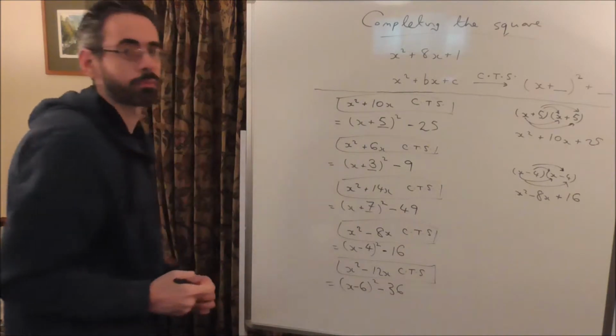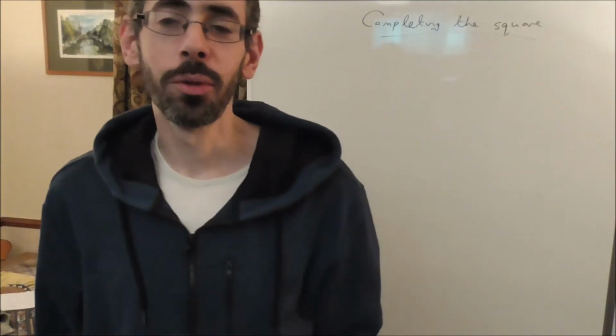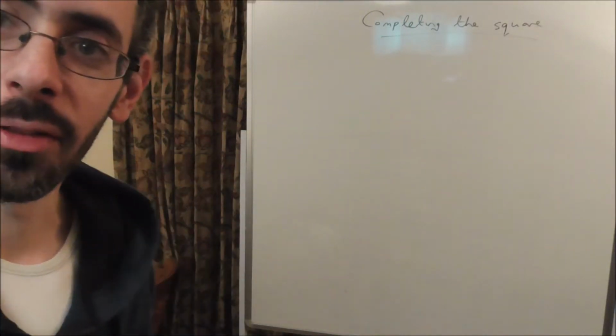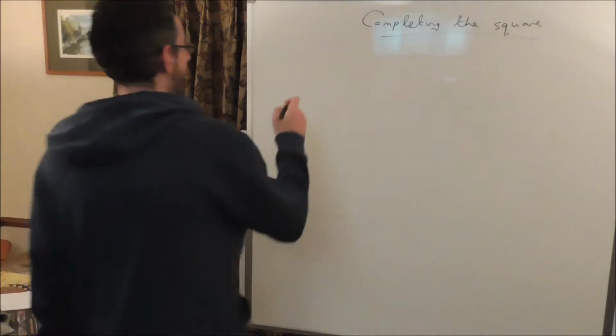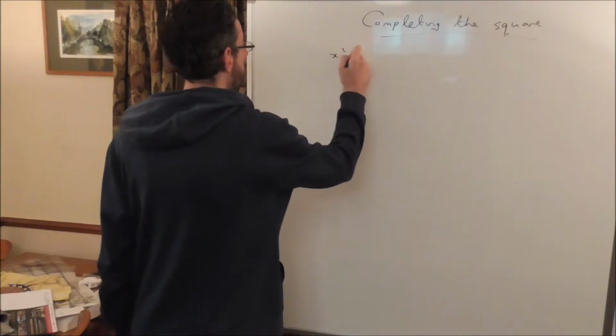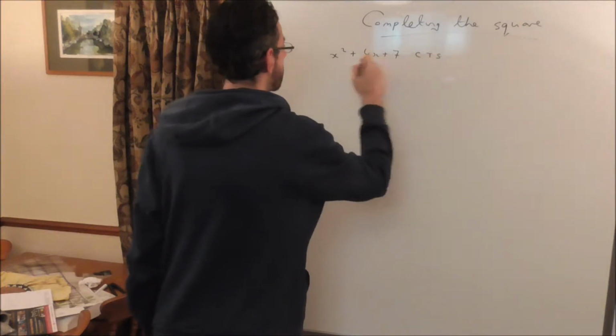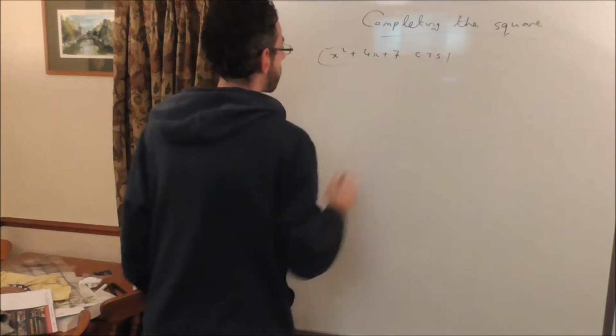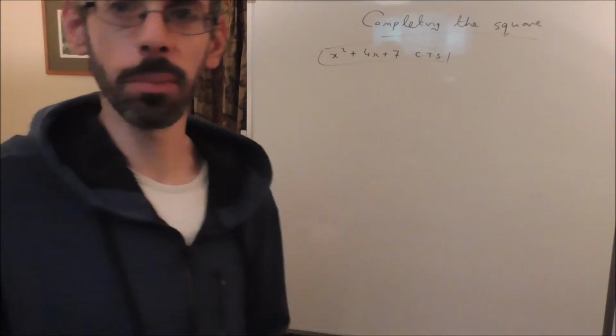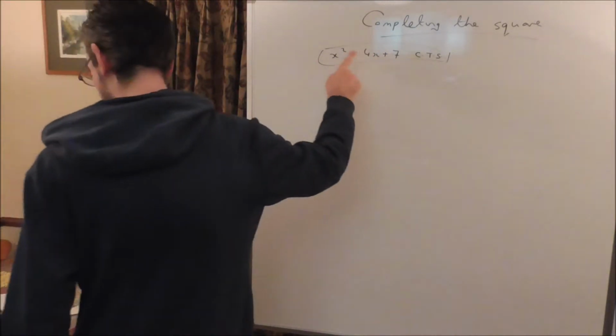And we've done it. Right, let's do a few quadratic expressions with a number at the end. So let's do x squared plus 4x plus 7. Let's complete the square. So for these, what I do is I kind of ignore the number. I just focus on the first two terms.